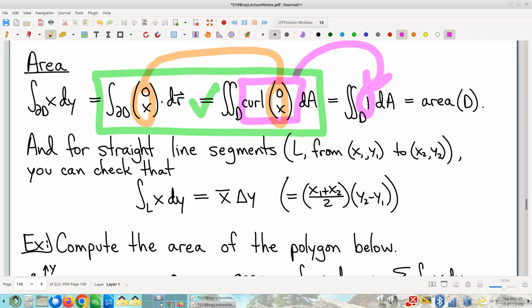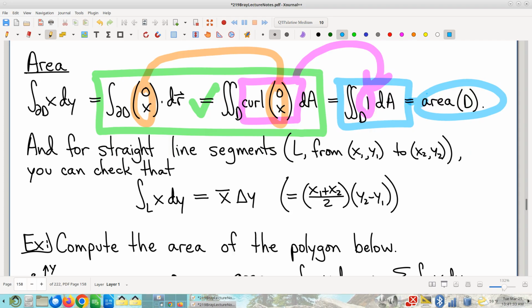And in particular, the value of it being exactly 1 is that now, check it out, I'm interested in computing a double integral of 1, and of course that is just area. You're literally adding up a bunch of little pieces of area that gives you the whole total area.